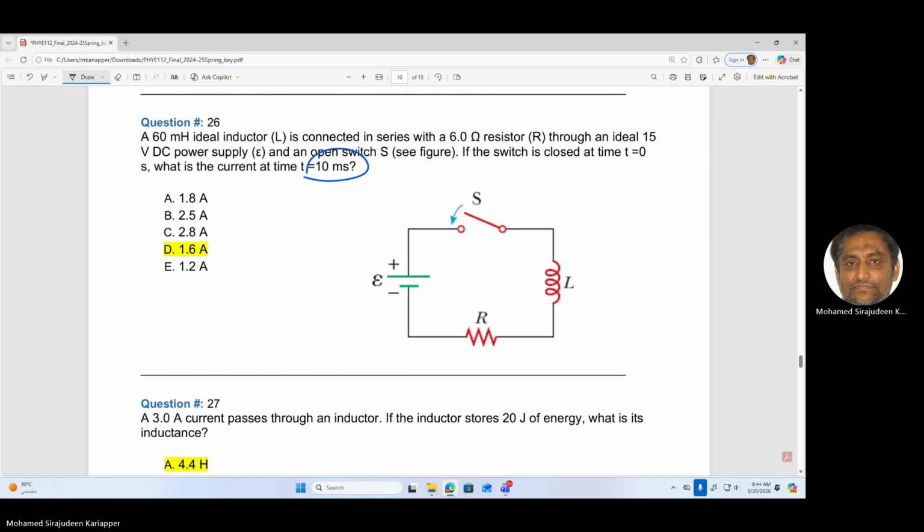Sorry? Why? Pick the formula sheet, tell me.